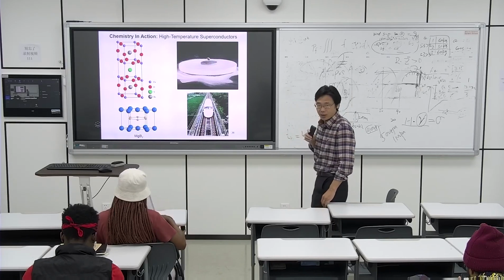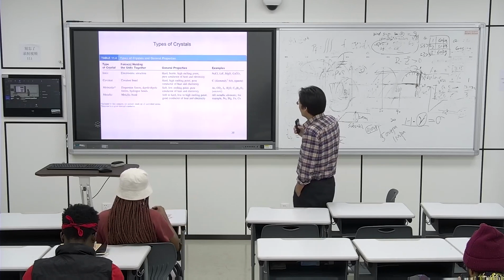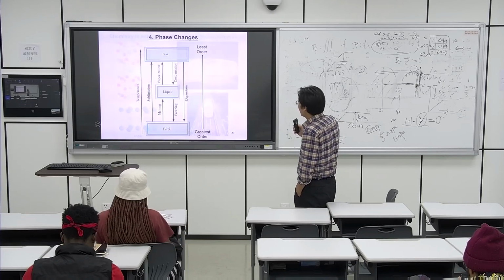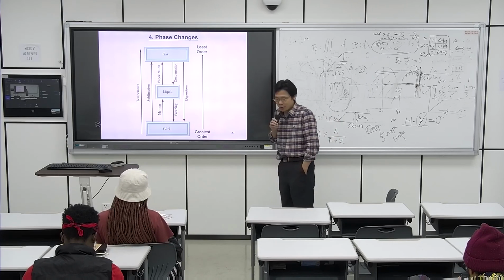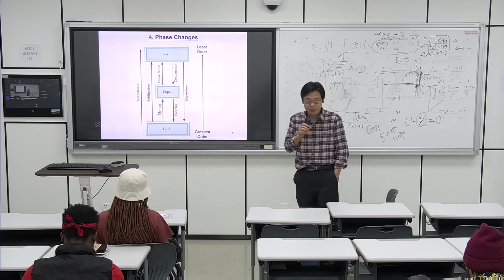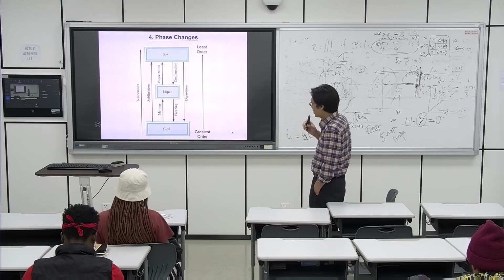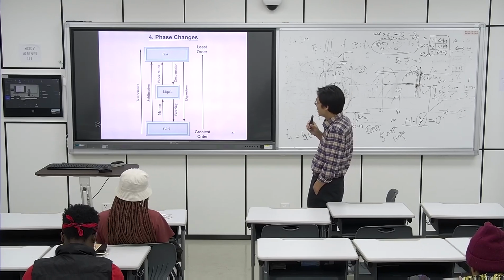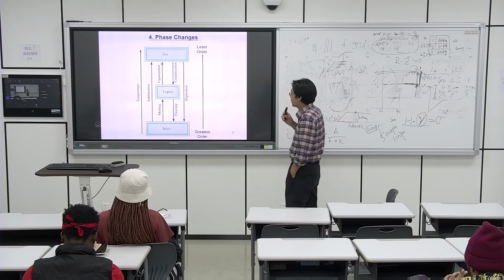Okay, so last time we introduced the phase changes. We know basically for all matter, they have three states: gas, liquid, and solid. And these states can transfer to each other.